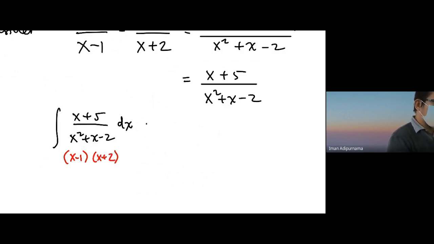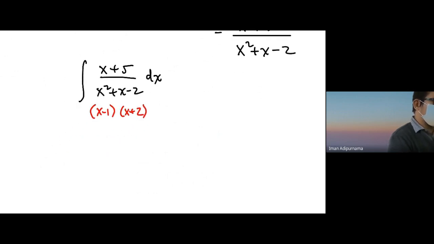If you want to make another calculation for just the fraction itself, that's okay, to distinguish between the algebra and the integral. So we can solve this first, and find the two separate fractions. And this is how you usually do it.